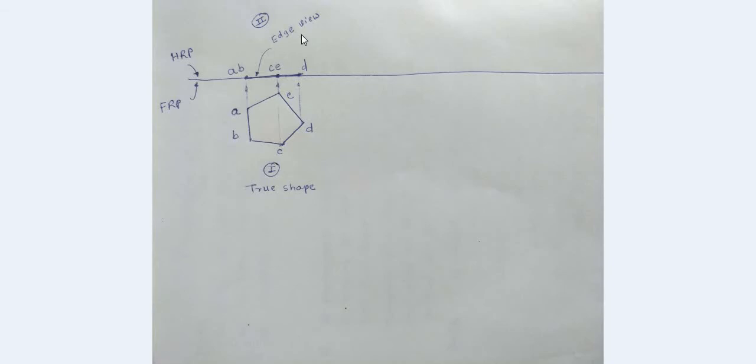At this position, every edge, AB, BC, CD, DE and AE, all these 5 edges we have kept in HRP. But as per the condition, we have to keep only one edge in HRP. That's why we have to lift this edge view such that only the specified edge AB would remain in HRP.